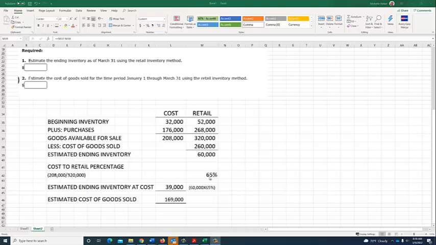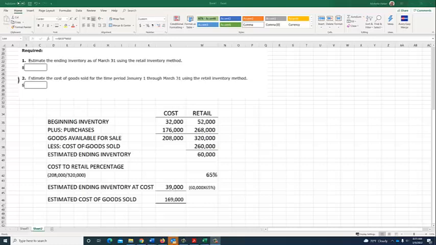And what that means is that 65% of my retail is my cost. So if I know my estimated ending inventory at retail, then I can take 65% of that and get my cost, which is what is going on here. So 60,000 at 65% gives me estimated ending inventory at cost of $39,000.